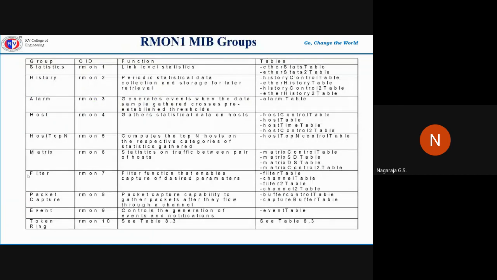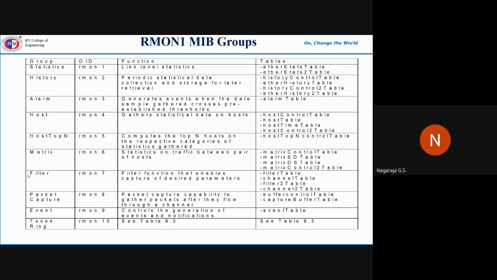I have already explained the corresponding tables which are available in the RMON MIB groups. The groups are available in the first column, the OID relating to each group is available, and the corresponding function is available along with the tables.